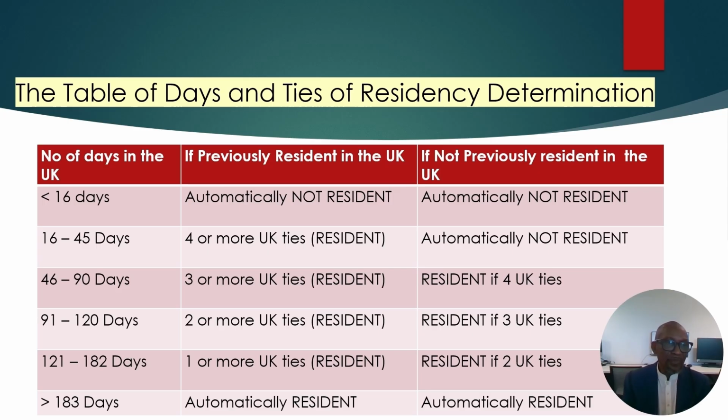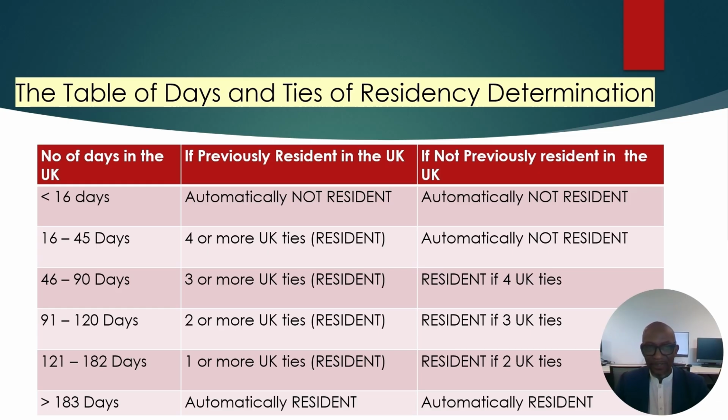If you spend 91 to 120 days in UK, if you are previously resident in UK, you only need 2 more ties to be considered resident in that particular year.